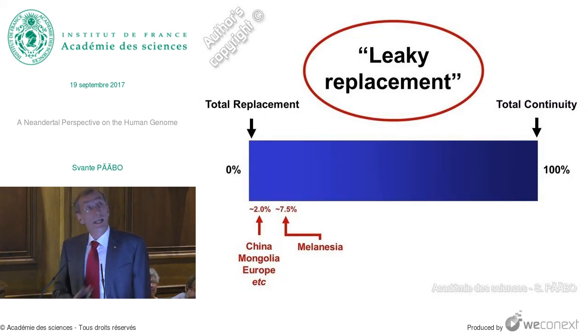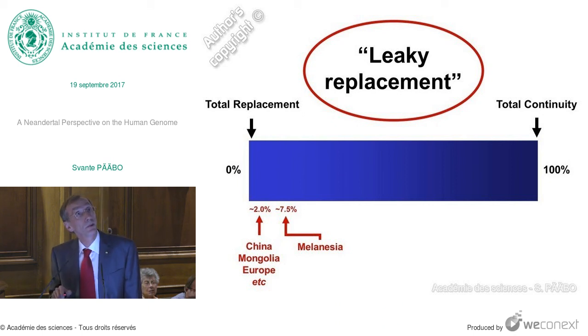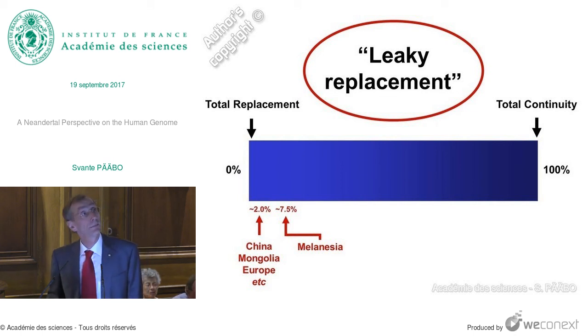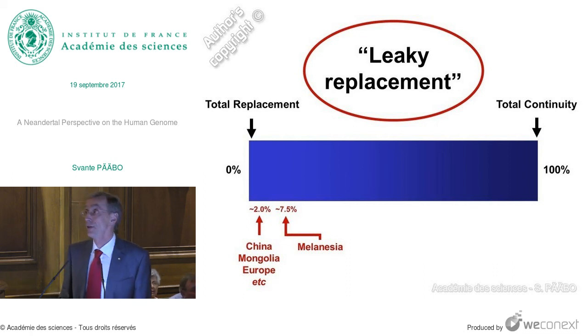So in this picture of things, between total replacement and total continuity, we have clearly rejected the total replacement idea. So there is this contribution from Neanderthals to about 2% of DNA to present-day people. There's another 5% on top of that in Melanesia.